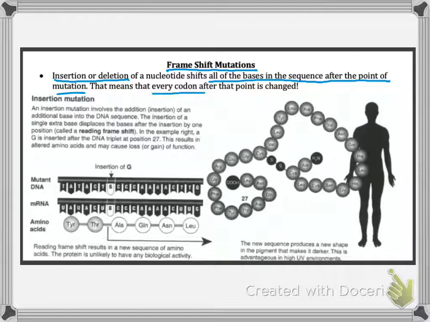That means every codon after that point is changed. So you're going to end up with lots of different amino acids, so you're going to get a different shape, which means a different function.